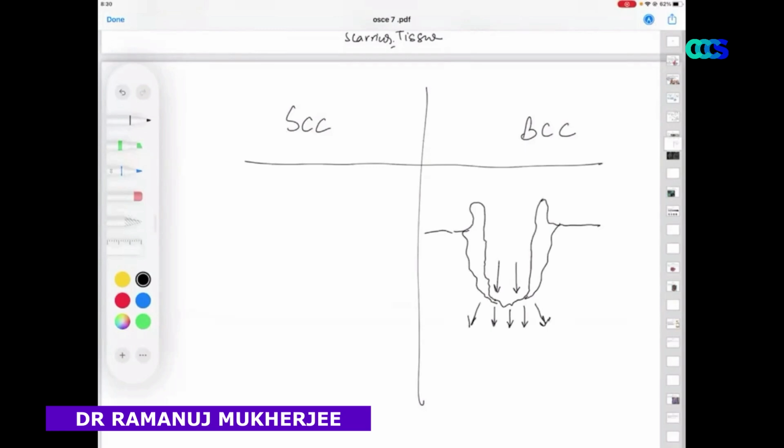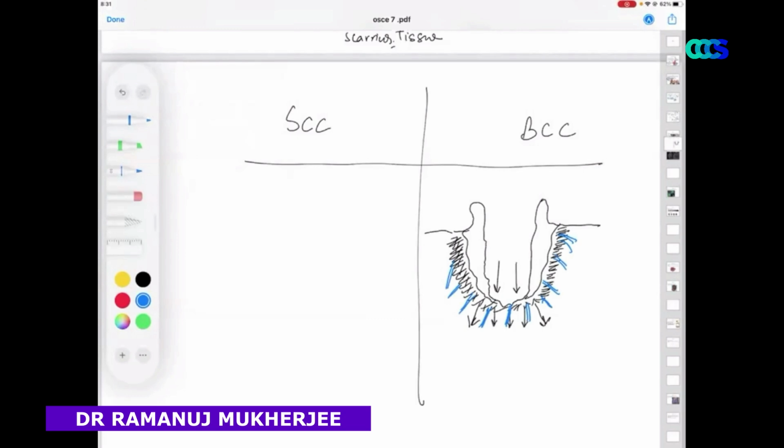So if the cancer is growing in deeper like this, it is going to invade the tissue. But there is also associated intense desmoplasia in a basal cell cancer. Always remember that. Basal cell cancers are associated with intense desmoplasia. Now, this intense desmoplasia is said to block or choke the lymphatics. And hence, what is the telltale sign that is absent from a basal cell cancer?